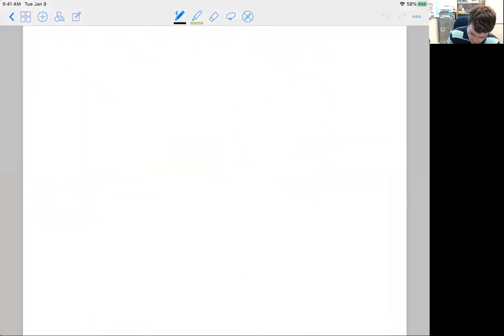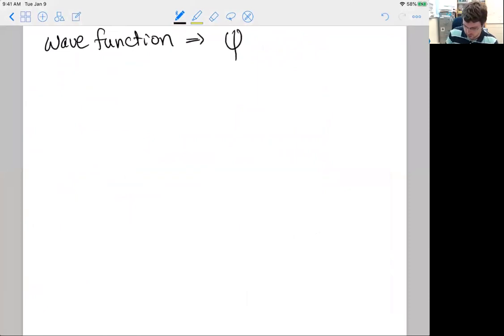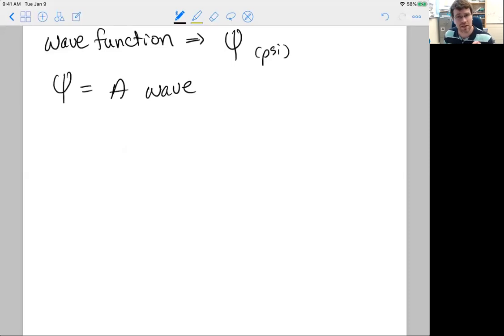So a wave function is denoted with the Greek letter psi. So this is psi. This is like our letter y for a linear equation or some sort of algebraic equation. Whenever we say psi equals something, that is to say, psi equals a wave. Whenever we see the letter psi, we're thinking, okay, now we're going to talk about wave mathematics, or mathematical equations called wave functions.